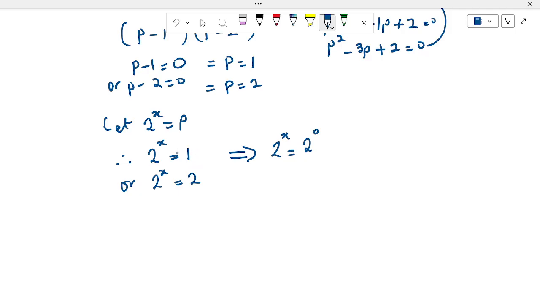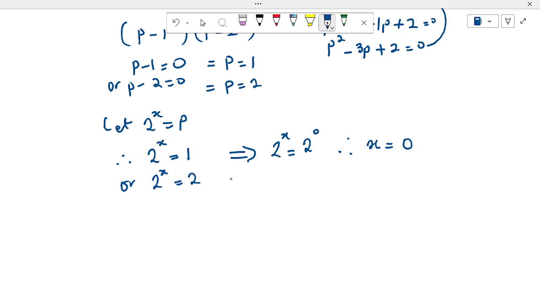Go back to the law of indices that we treated in some of our earlier videos. Anything raised to power 0 is 1. So, we have 1 here. We need to bring it down to the same base. So we say 2 raised to power 0. Therefore, giving our x in this scenario to be equal to 0.